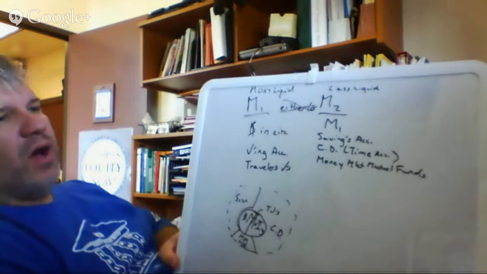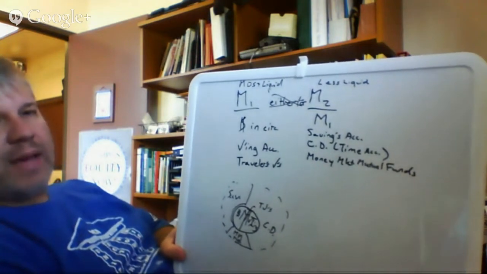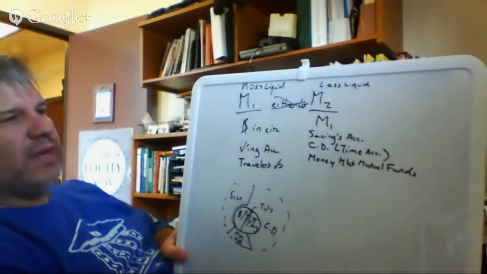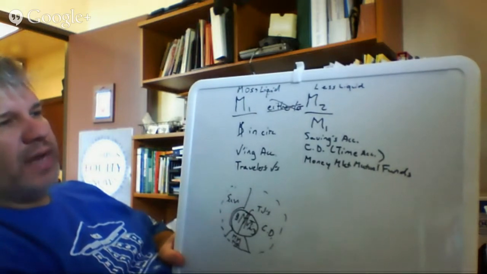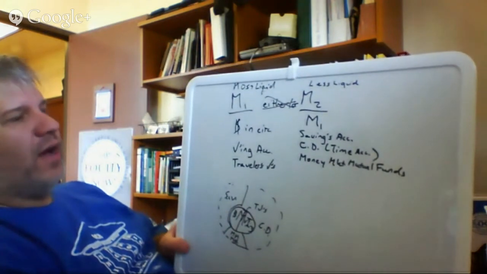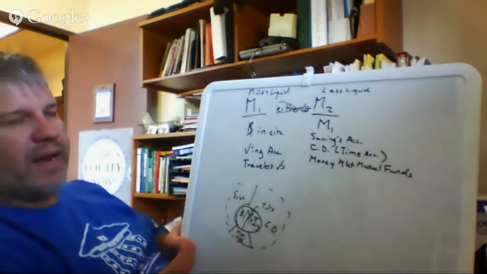So if we say, okay, what is money in your savings account? Well, that's M2. What is money in your pocket, right? And we say, well, money in your pocket is in M1, but it's also in M2, right? So there is nothing that is only in M1. Everything in M1 is automatically in M2.